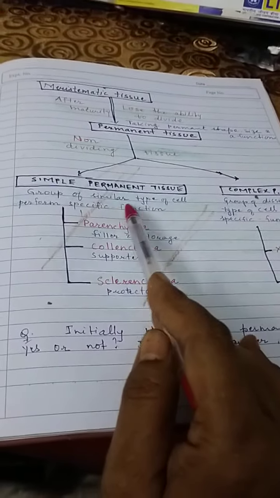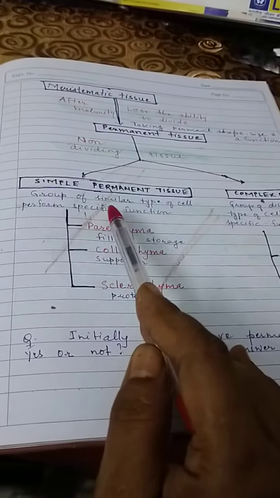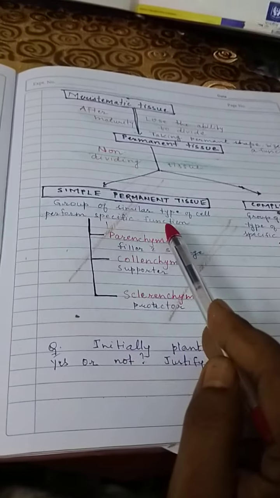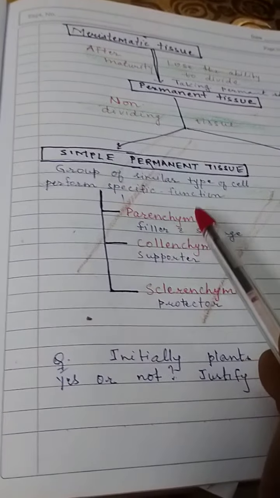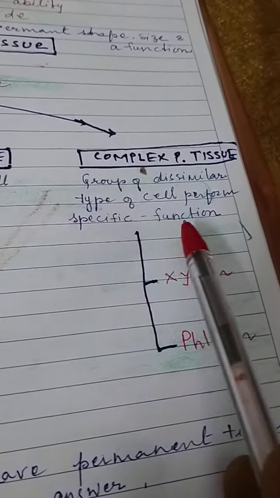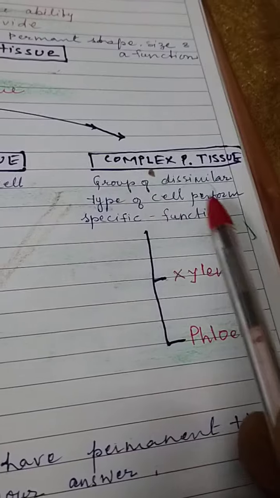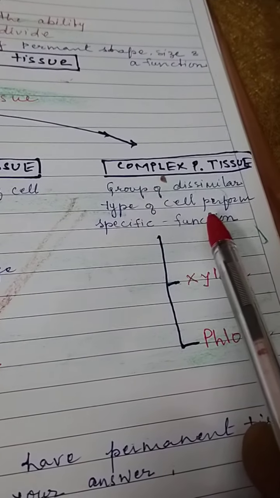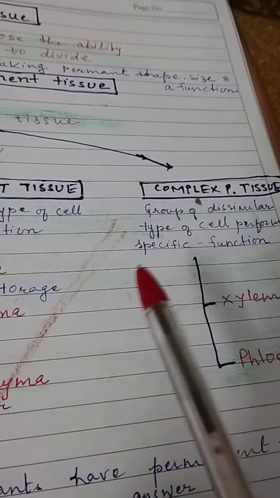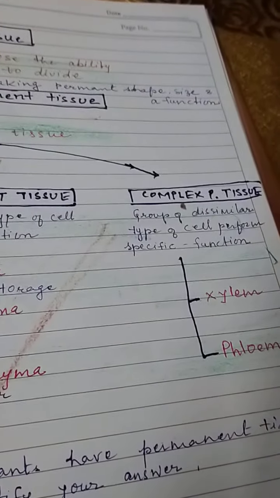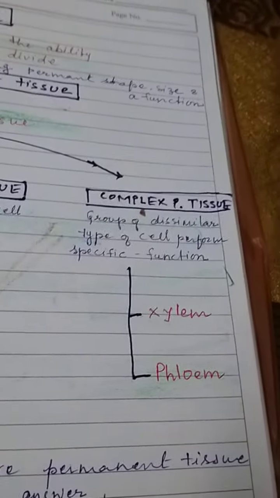As the names suggest, simple permanent tissue has similar types of cells performing a specific function, and complex tissue is a group of cells that are dissimilar in shape and perform a specific function.